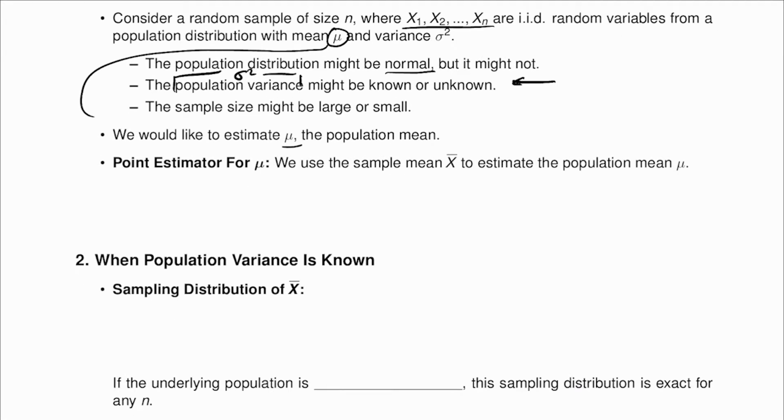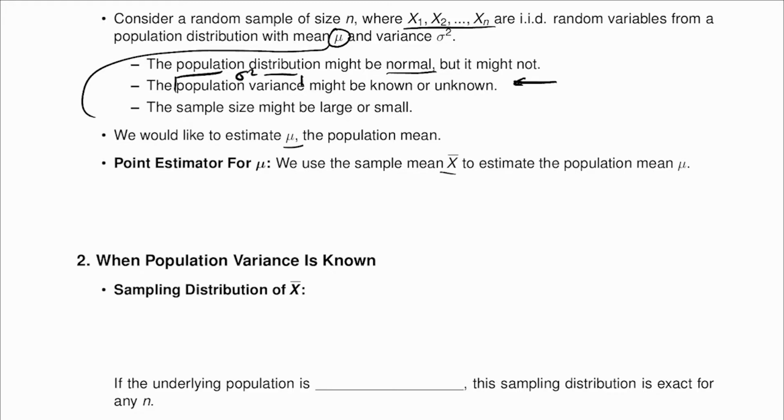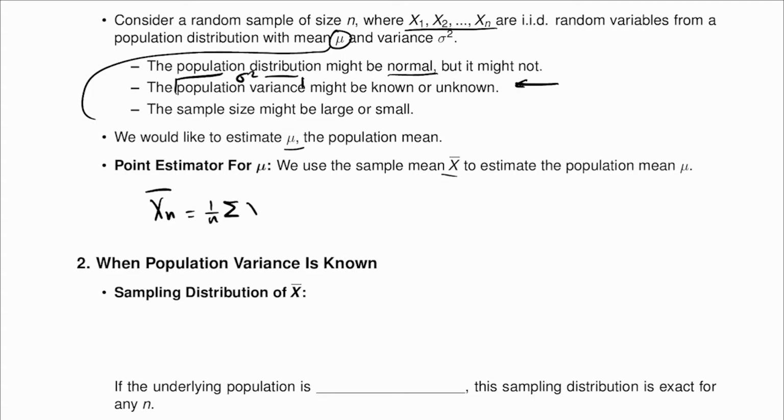The point estimator for mu that we already covered in week 5 is the sample mean, x bar, right? We have that the sample mean X bar of n is equal to 1 over n times the sum of the random variables. That is the estimator, and the estimate is just the lowercase x bar, that is 1 over n of the sum of the data.